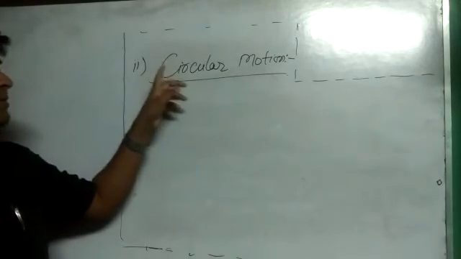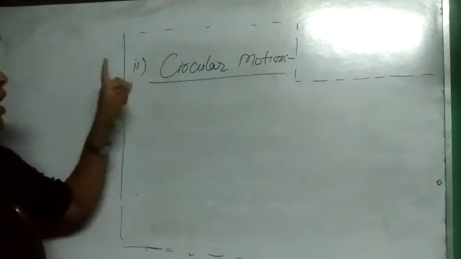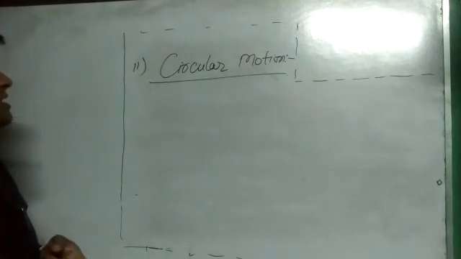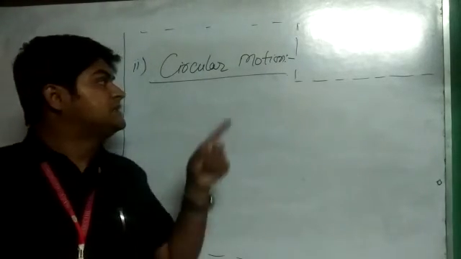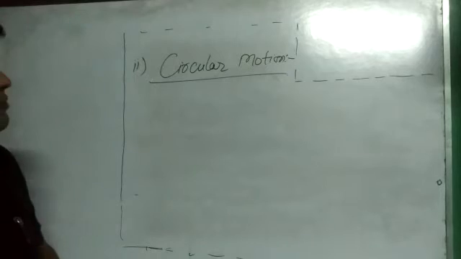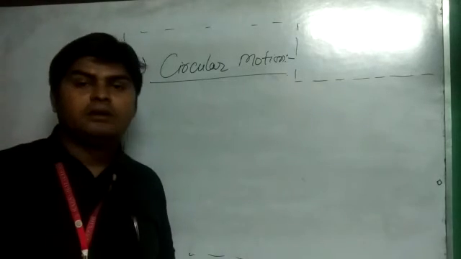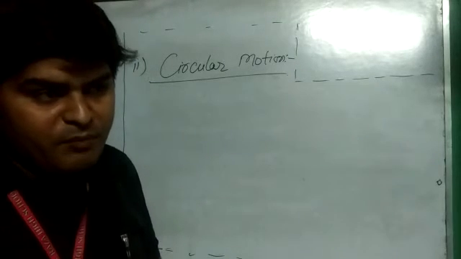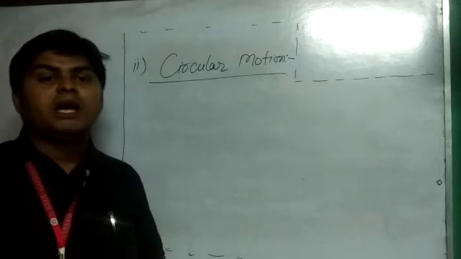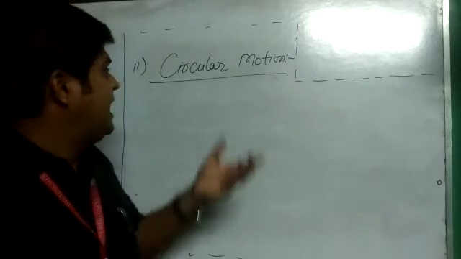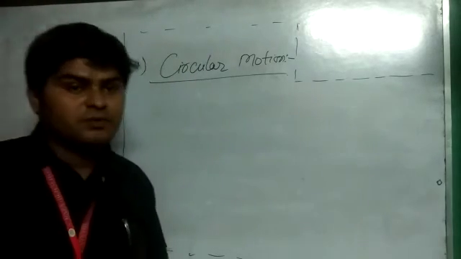For example, the movement of the moon around the earth is an example of circular motion.